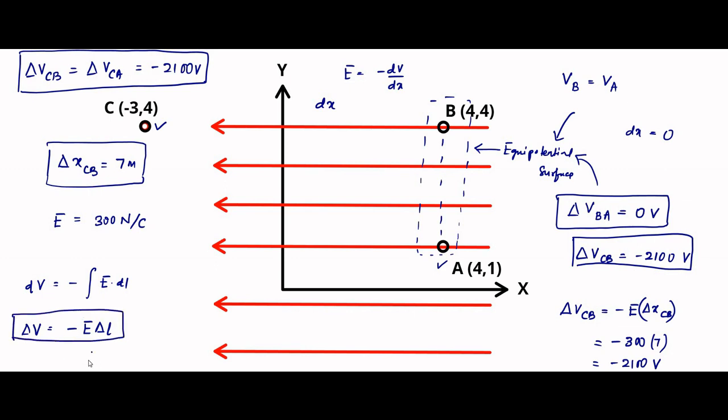But when delta L or delta X, whatever, the separation gap is equal to 0, any value of electric field multiplied with 0 will be 0, which is equal to the change in potential. So when they are along the same line in this direction, there is no change in potential difference. They are at the same potential.